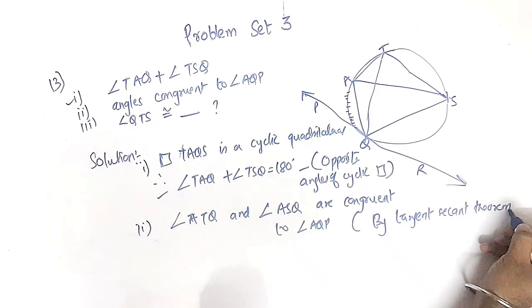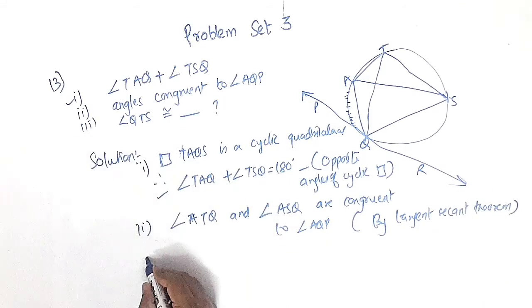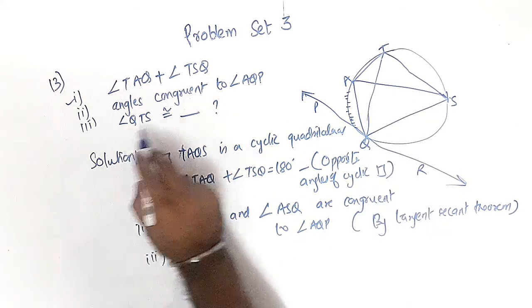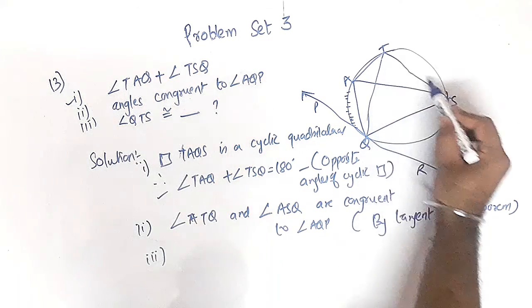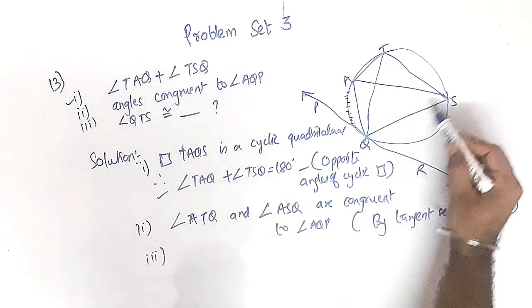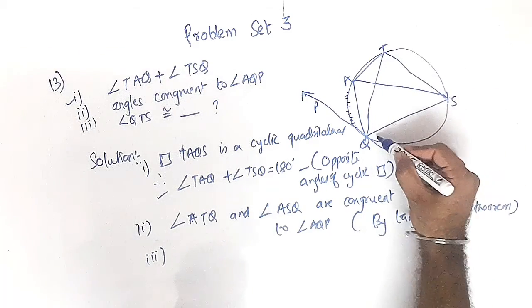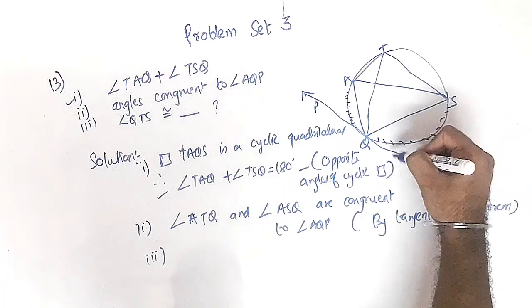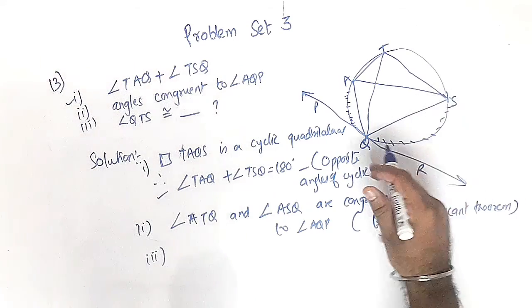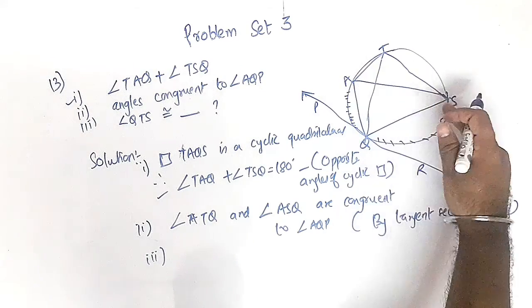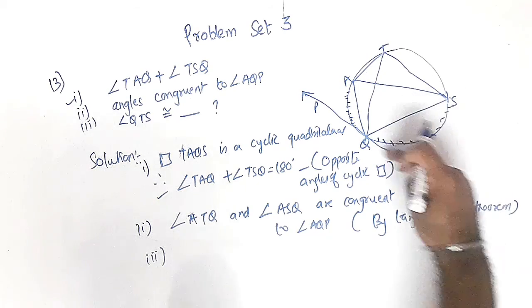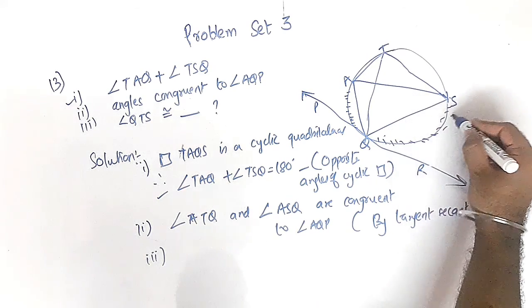Coming to third sub question, it is similar. They have asked angle QTS. If you see QTS, it is intercepting which arc? This arc. So is there any other angle which is intercepting the same arc? Yes, QAS. Yes or no? QAS and also SQR. SQR is also intercepting the same arc.